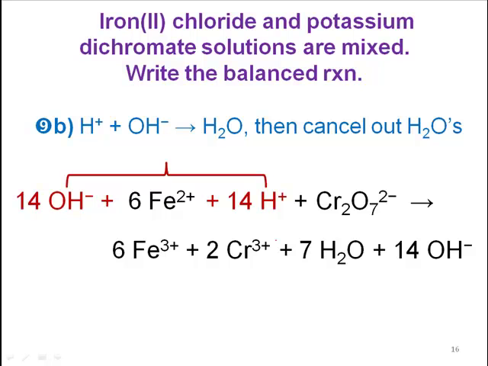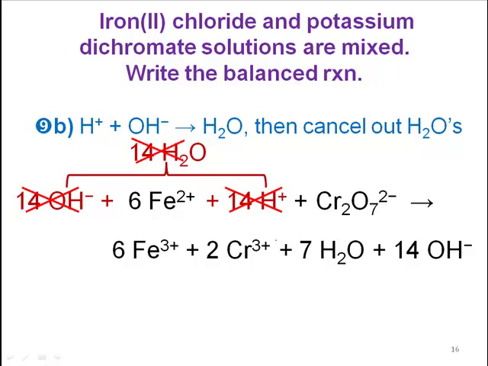So step 9b is to cancel out any waters that are formed. Because the OH concentration is so high, it neutralizes any H pluses that are floating around, giving us 14 waters on the left side.